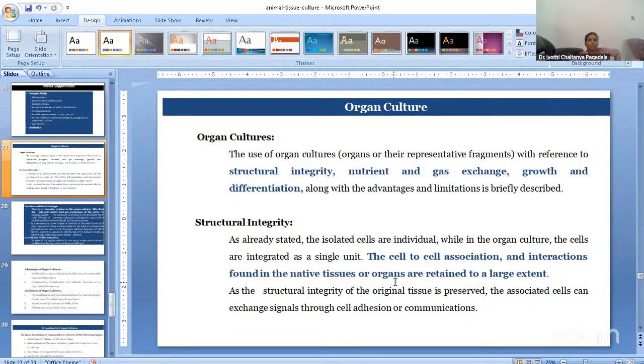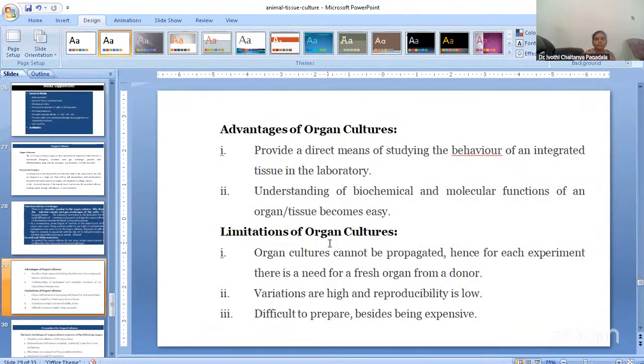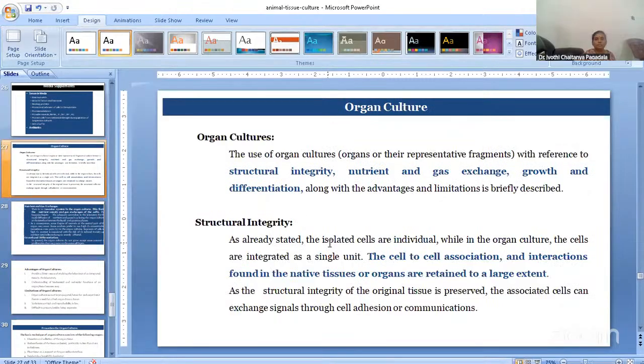So with this, before going to the organ culture, we also discussed some organ culture. Here the organ culture, or the representative fragments, with reference to structural integrity, nutrient and gas exchange, and differentiation.